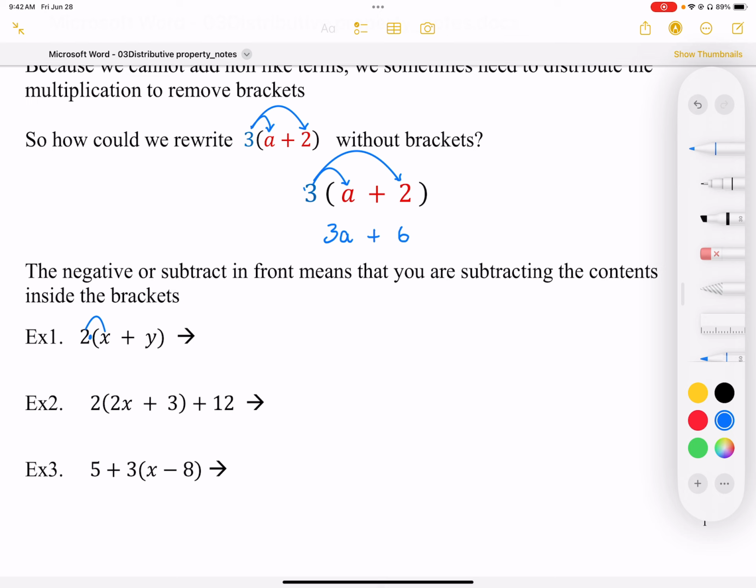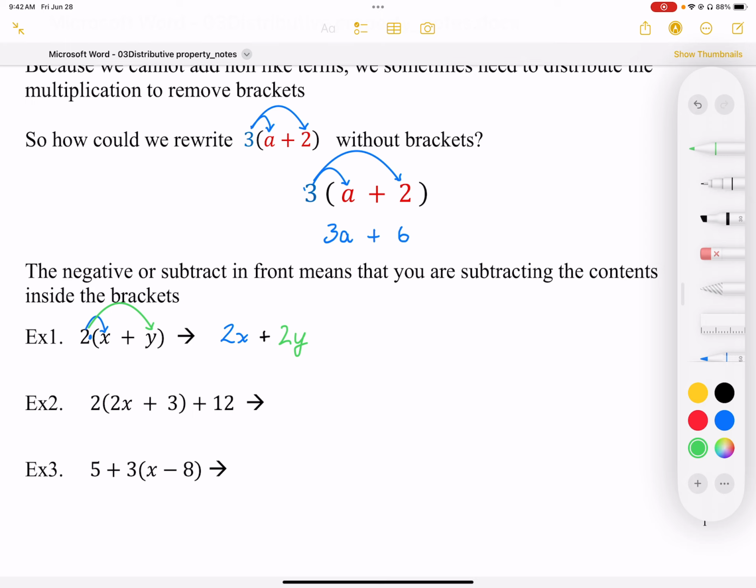So what I need to do is count the groups of x's. So 2 groups of x gives me 2 x's. And separately, I'm going to count the y's. So plus, because they're different, I'm going to count them separately. I'm going to then do 2 groups of y, or 2 times y, which is 2y.